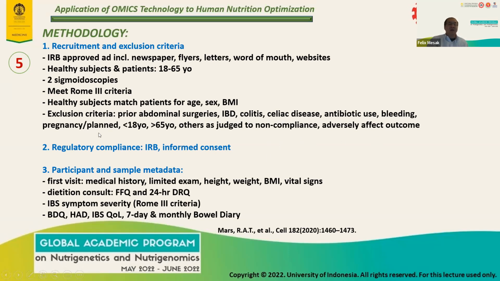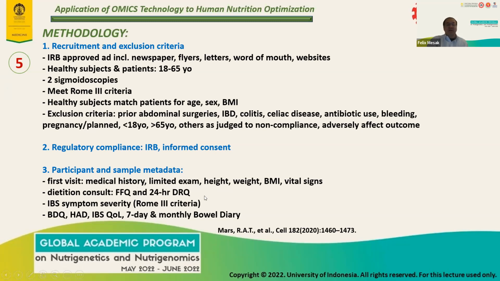Now, informed consent and regulatory compliance are a must, so they have to establish that. And for the participants and the sample metadata, on the first visit they would note all the medical history and limited exams such as height, weight, BMI, and vital signs, and then undergo a dietitian consult.